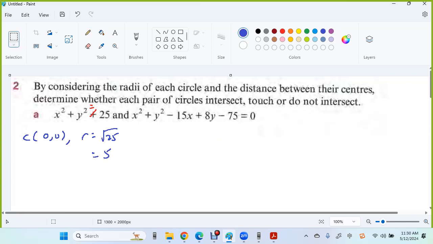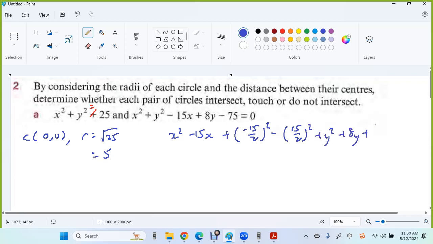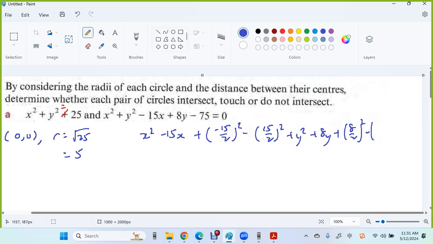Okay, so for this equation, we have x squared minus 15x plus (negative 15 over 2) squared minus (15 over 2) squared, y squared plus 8y plus (8 over 2) squared minus (8 over 2) squared minus 75 equal to 0.